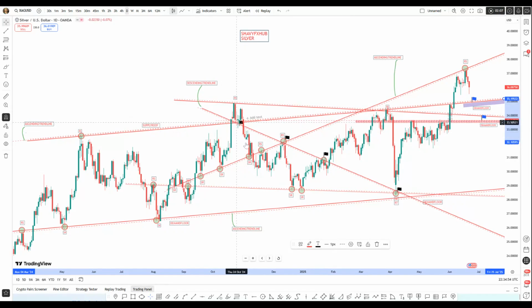Price reacted using a demand floor and ultimately broke it and retested RT, and price came here to confirm a broken demand floor after forming a double top structure, and this is the neckline of that double top structure.